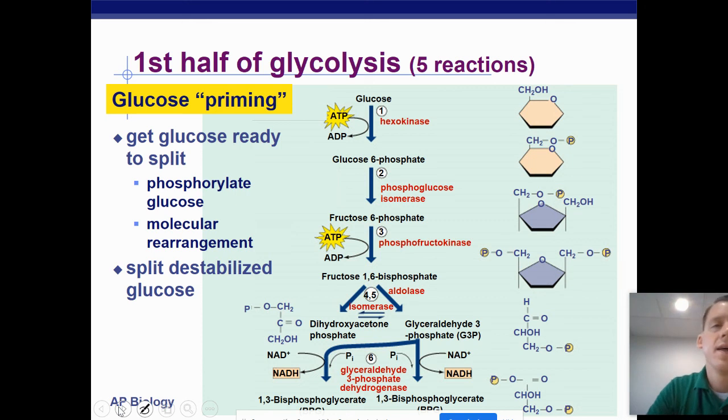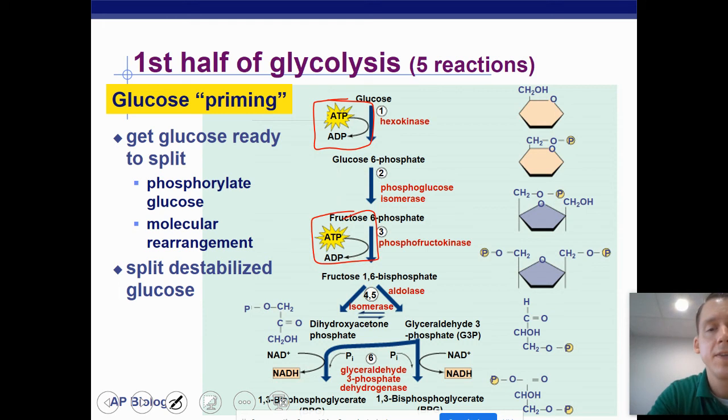This is showing the first half of glycolysis. You can actually see that it's a pretty complicated series of reactions. We don't really need to know all of these reactions, but you can see some things that you may recognize. ATP being invested in 2 different places, and you can see here that the glucose is being split into 2.